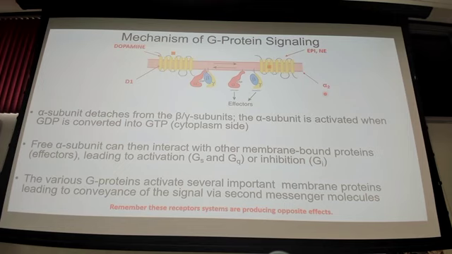Conversely, we have an alpha 2, which is inhibitory. Norepinephrine or epinephrine will bind, causing that same dissociation of the alpha and the beta gamma dimer. But in this case, that alpha subunit will inhibit adenylyl cyclase. So cyclic AMP will not be produced, which will lead to a set of physiological responses. So remember, when looking at these two, G sub S and G sub I, they're producing opposing effects on the cell. Does that make sense?